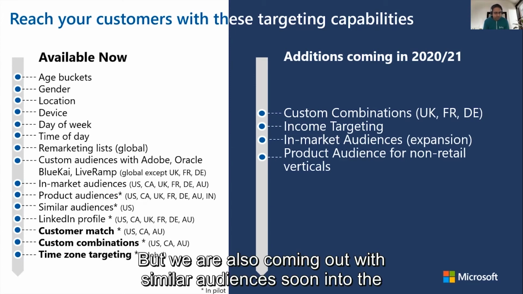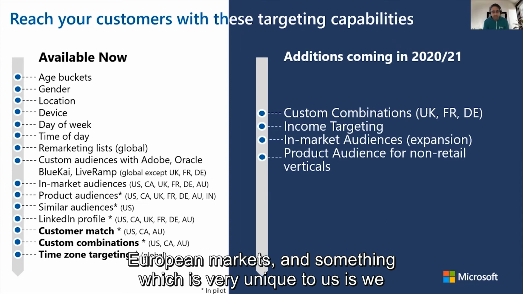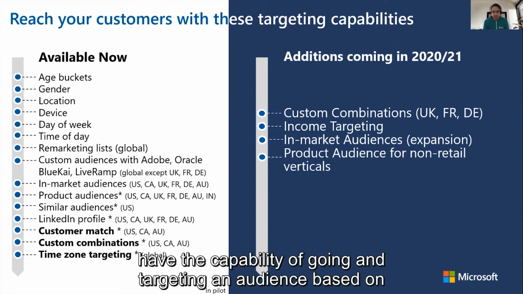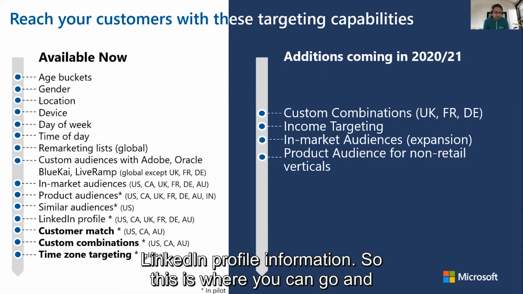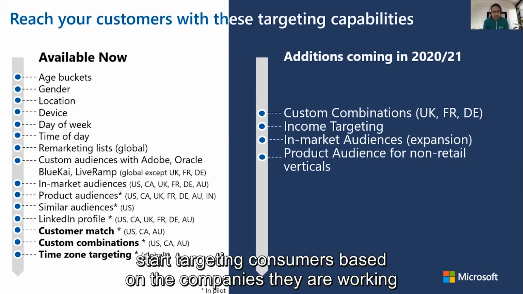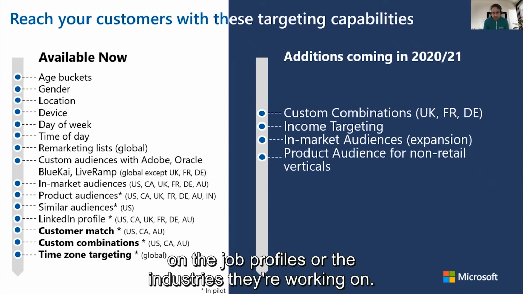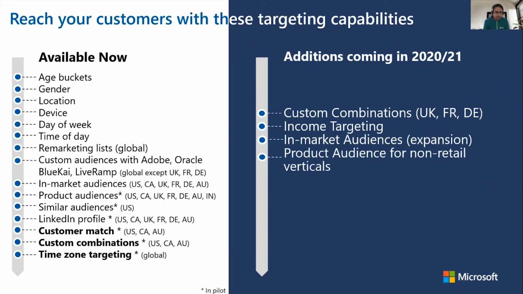We're also coming out with similar audiences soon in the European markets. And something which is very unique to us is the capability of targeting an audience based on LinkedIn profile information. This is where you can start targeting consumers based on the companies they're working for, the job profiles, or the industries they're working in.